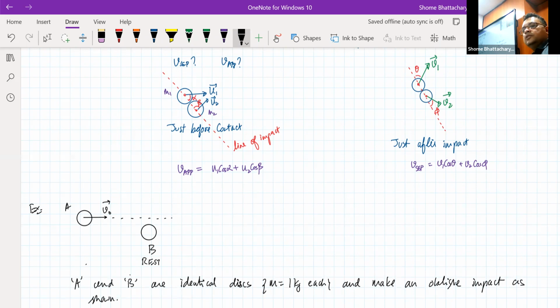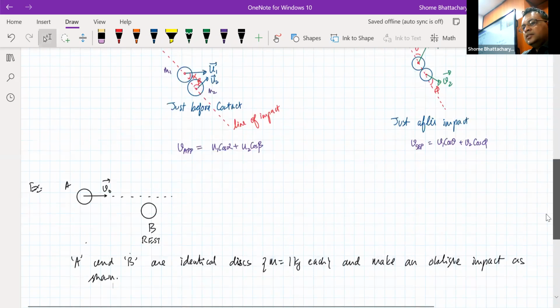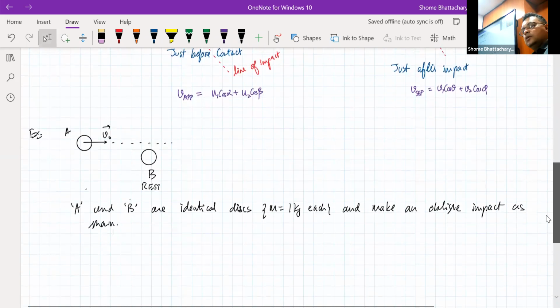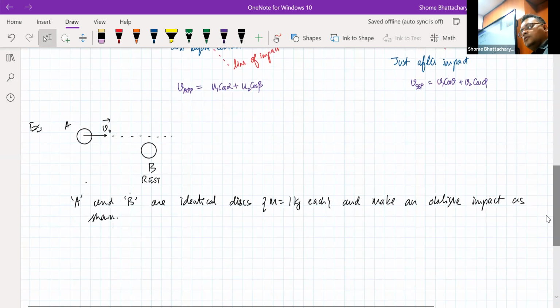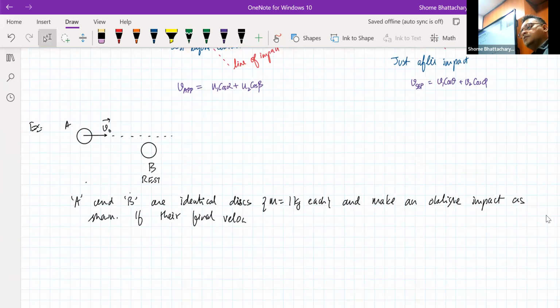Now the given information in this question, I'll take the same information that we did that day. If their final velocities after impact... now these are disks on a smooth horizontal surface, so there's no friction involved. The diagram we are seeing is the top view of something happening on a smooth horizontal surface.